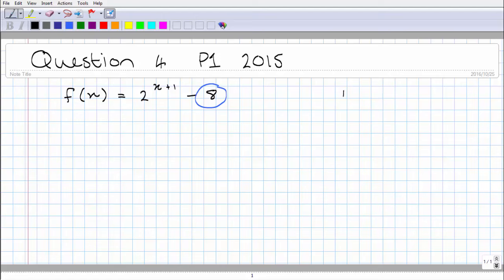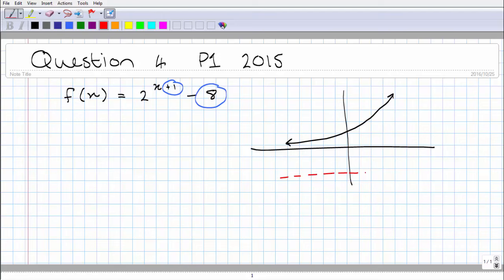Normally a positive exponential would look something along the lines of this, and it will cut based on this x shift. Because we have a negative 8 there, we're going to have our asymptote shifting down to negative 8.